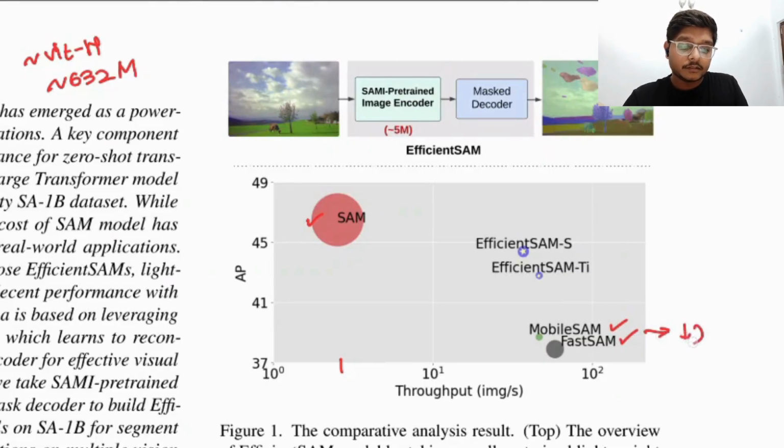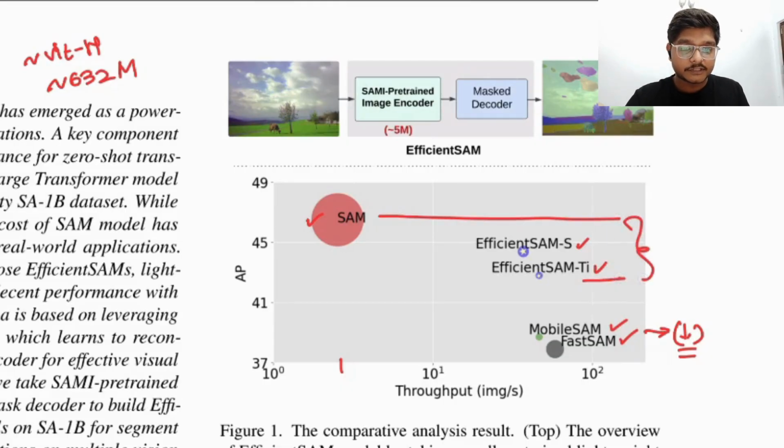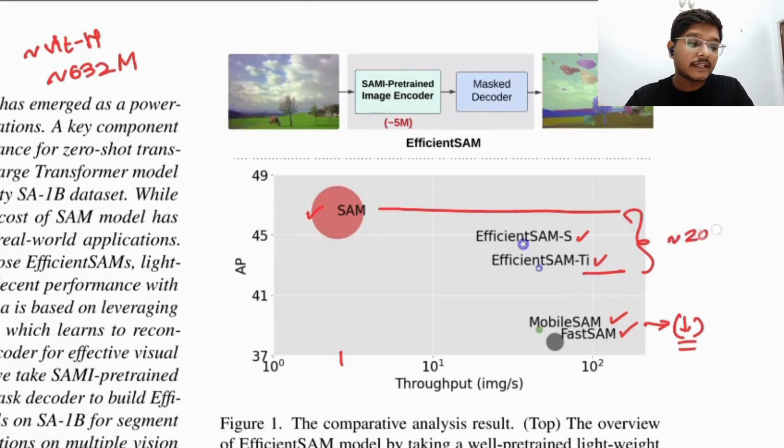But the authors of this paper propose EfficientSAM. They maintain a very small performance gap from the foundation Segment Anything Model, and the parameter size is reduced to nearly 20 times smaller.